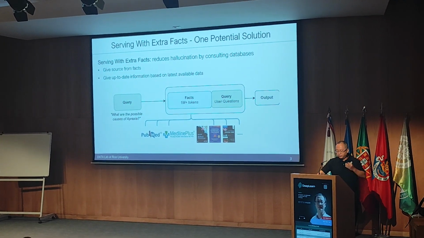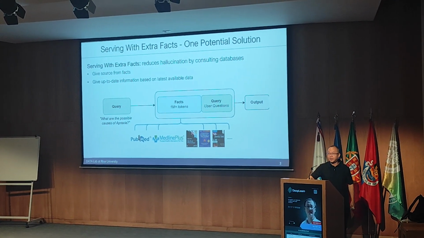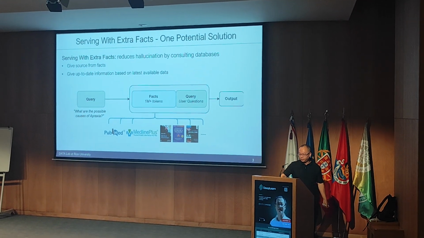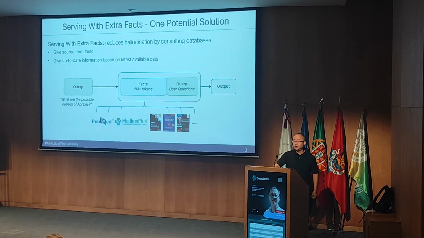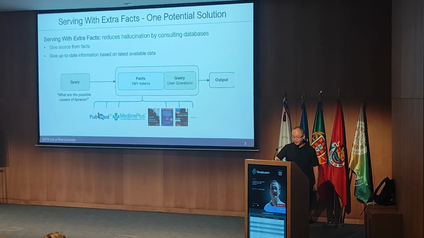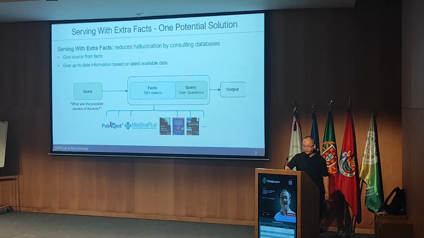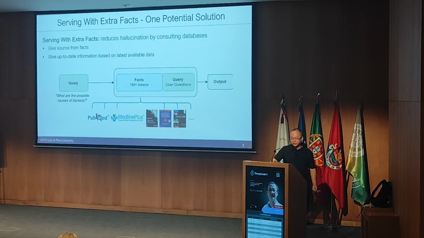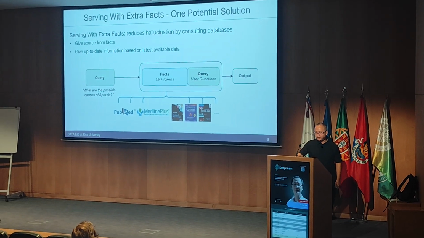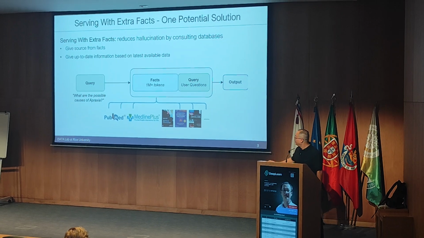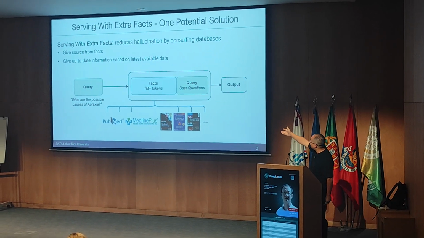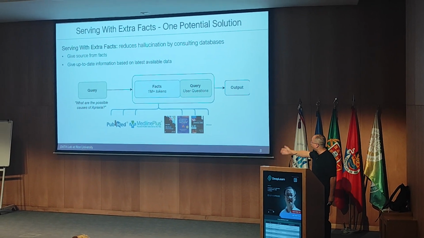One potential solution is to serve with extra facts. Hopefully we can reduce hallucination by consulting the backend database, by providing the source of the facts, and giving up-to-date information based on the latest available data. The idea is like this. We have a query like: what are the possible causes of another rare disease?